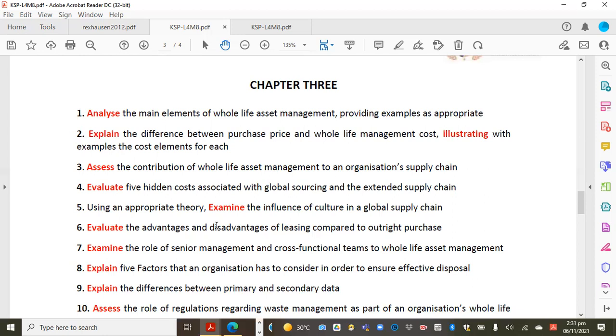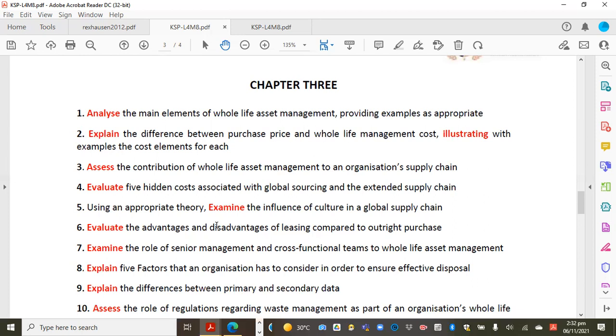So what's the role of senior management? Senior management gives approval. Theirs is to give the authority, approval and support. Okay, and this comes following a business case properly developed to convince top management that adopting whole life asset management is the way to go, and that it is going to deliver A, B, and C benefits.